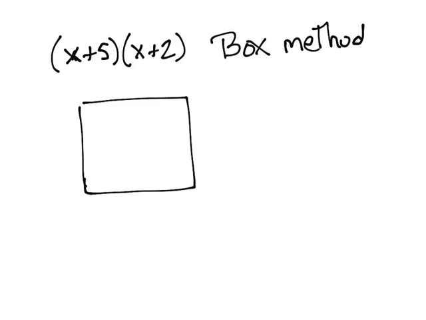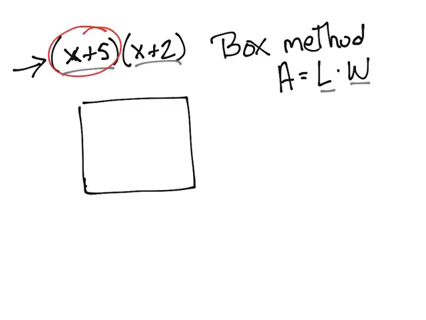The box represents the answer to our problem. Specifically, it represents the area of our problem. We recall that area is equal to length times width. In our problem, we have two values being multiplied together, x plus 5 times x plus 2. We can simply use these as our length and width to create a new area plot using this box.